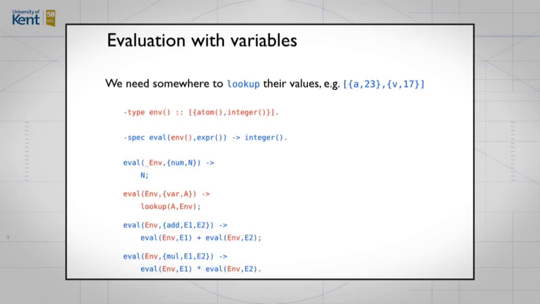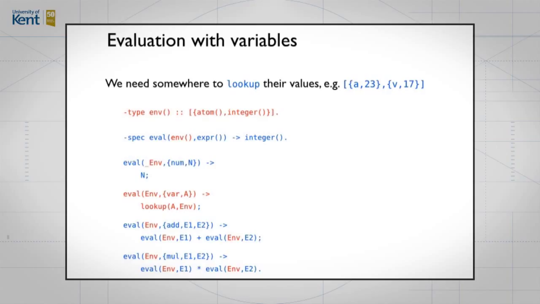So for example, you can see that we have an environment which gives a the value 23 and v the value 17. So we can say, if I give a this value and v this value, what's the value of an expression that has an a and a v in it?